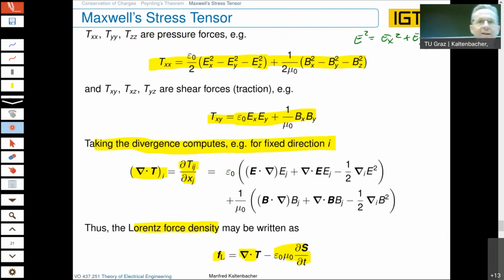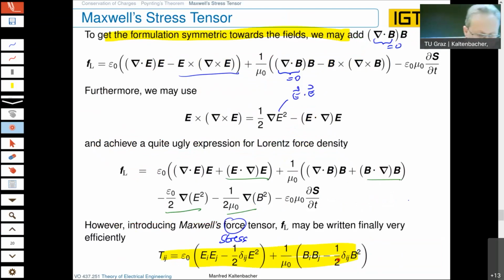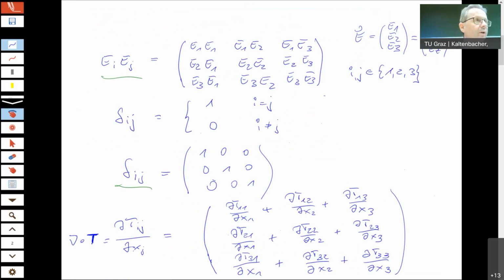But I hope you somehow enjoy it. At least when you see this ugly formula and you see this nice, hopefully nice expression, and even if you then look here, how simple it is to compute the divergence if you know the index notation.